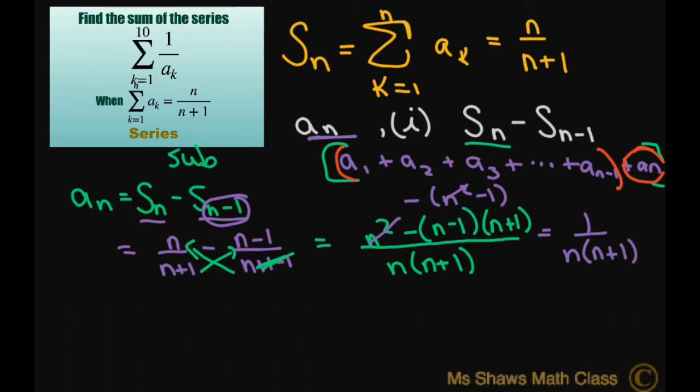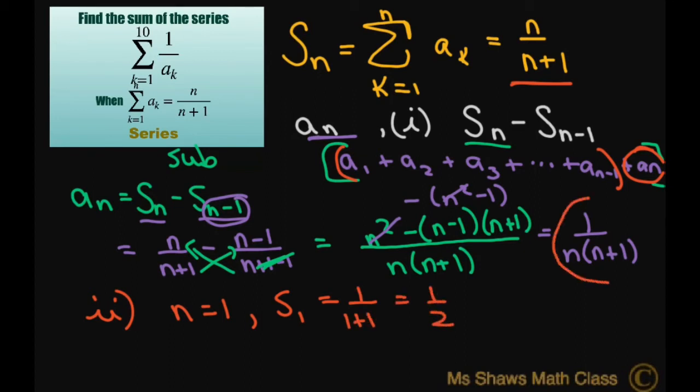Now, we need to see what the first term is. So case 2. So for case 2, when n is 1, we get our sum of the first term is going to be using this 1 divided by 1 plus 1. That equals 1/2. We've got to make sure it works for this as well. So if it works for this one, and we get 1/2, so I'm going to substitute in 1. 1 divided by 1 times 1 plus 1.